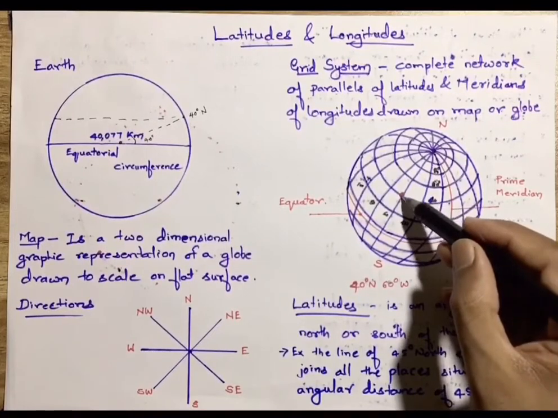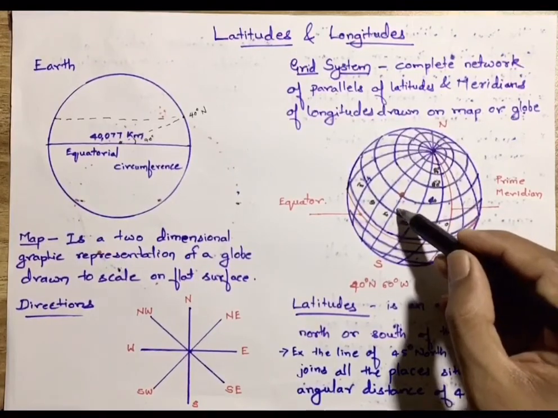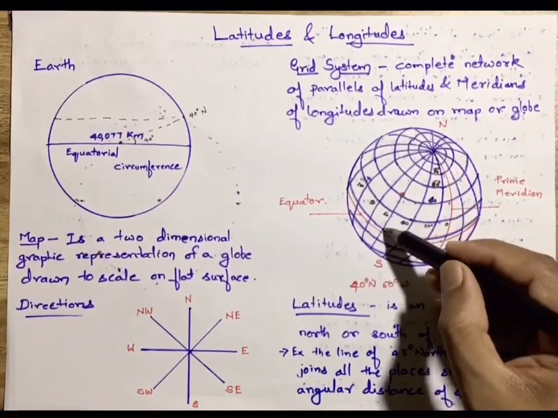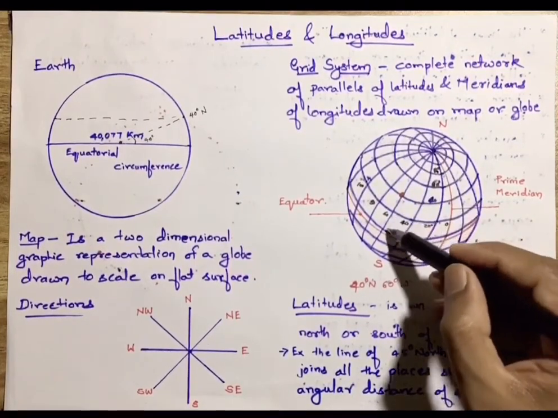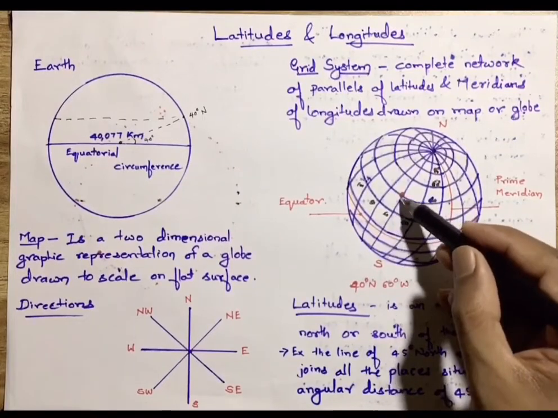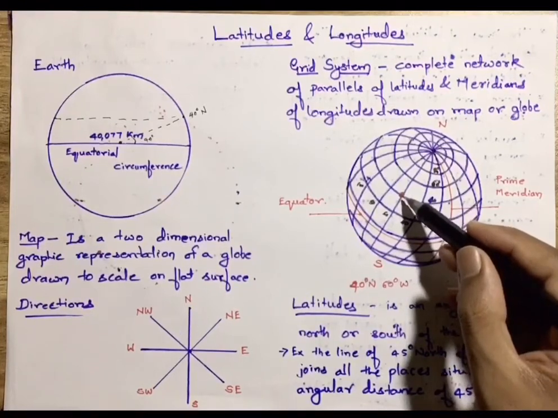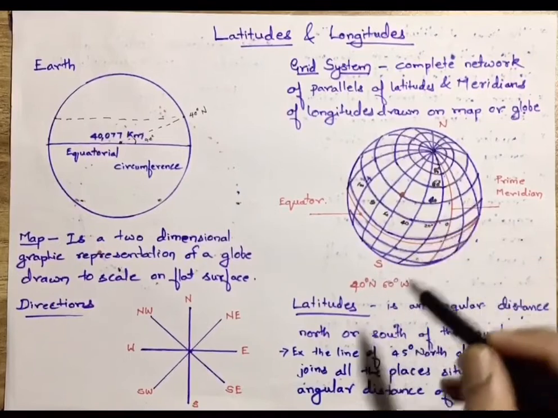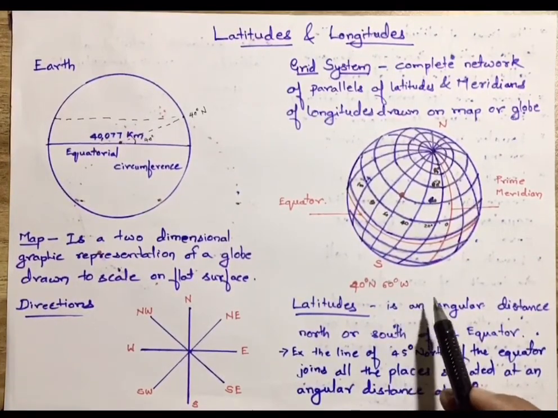So it is lying on 40 degree north and 60 degree west. Here we need to see where exactly these two lines intersect, and that will be the particular location we were trying to find out. So it lies 40 degree north and 60 degree west.